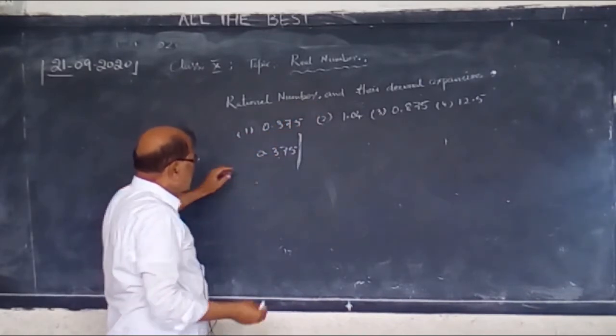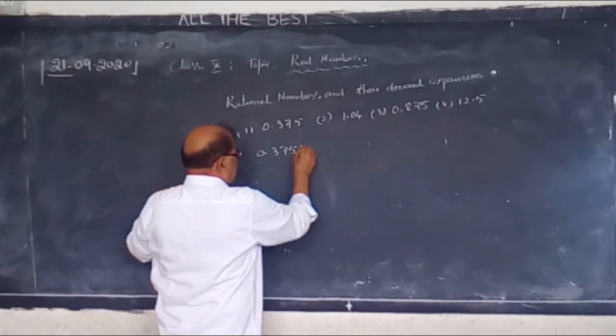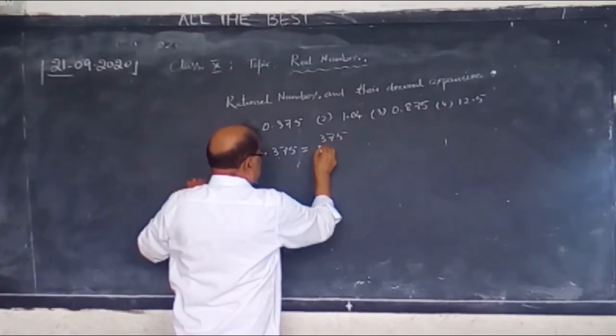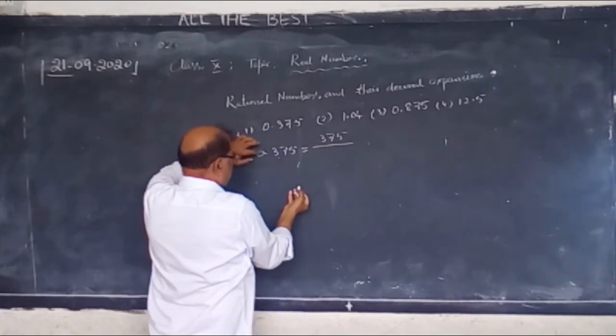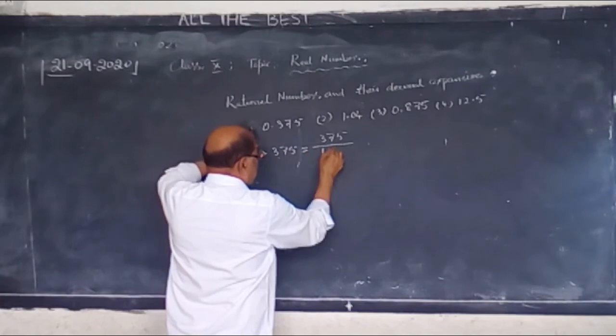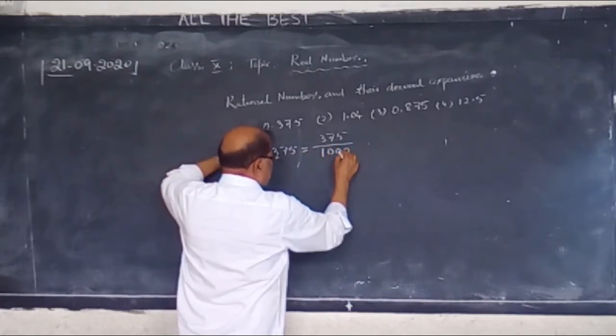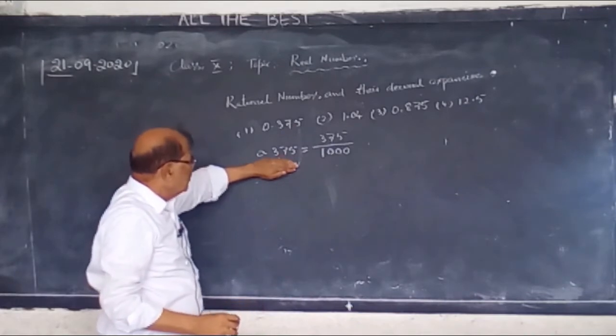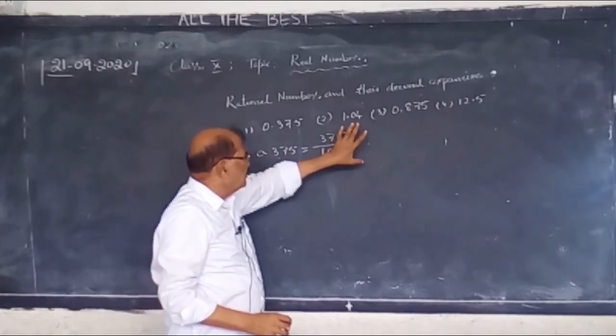Now, if you write 375, it is 375 by, write the common fraction. Instead of 0.1, three places are there, so three zeros. This is the way of converting a decimal number into a common fraction.